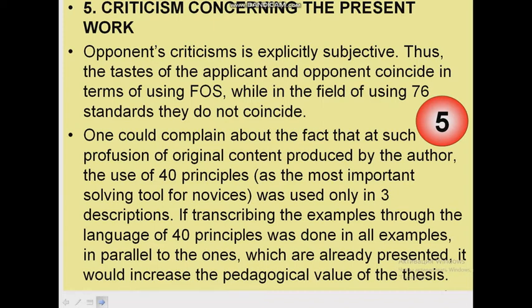Transcribing the examples through the language of 40 principles in all examples, in parallel to the ones which are already presented, would increase the pedagogical value of the thesis. Let's not forget about the teaching process, also for new participants of TRIZ.